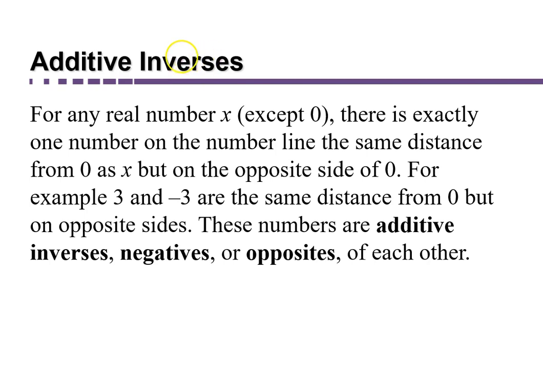Well, that is its additive inverse, what you would add to it to have it equal 0. So for instance, 3 and a negative 3. These are additive inverses, and again referred to as opposites of each other. So pause, take some notes. This could be a quiz question.